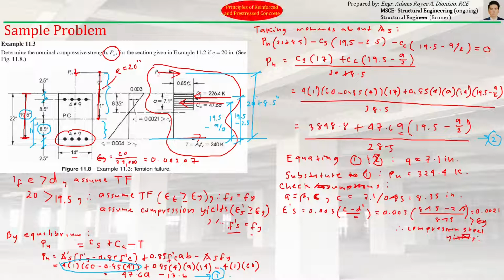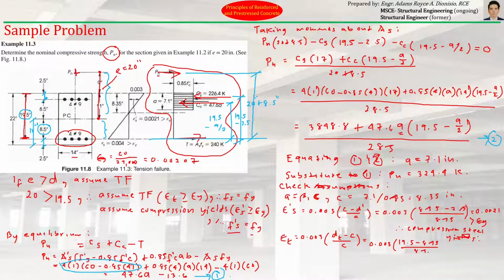Okay? So, verified na compression steel yields. Okay. Ngayon, next is yung sa tension naman. Yung sa tension steel. Yung strain S or strain T na tinatawag. Strain T is just equal to 0.003 times dt minus C over C. Okay. So that will be 0.003 dt natin ay equivalent lang sa d, 19.5 minus 8.35 over 8.35.